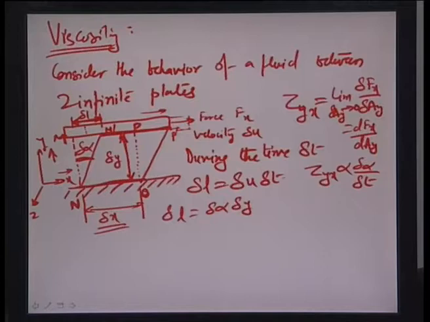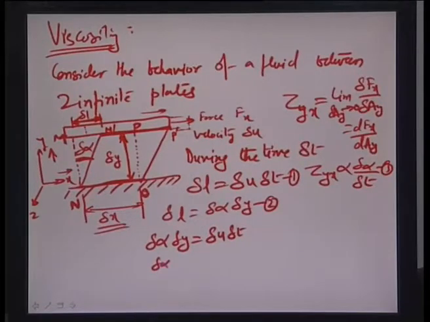So, let us call this equation 1, this equation 2, and this equation 3. If you correlate equations 1 and 2, you have a situation where delta alpha times delta y becomes equal to delta u times delta t, and therefore, delta alpha by delta t also becomes equal to delta u by delta y.